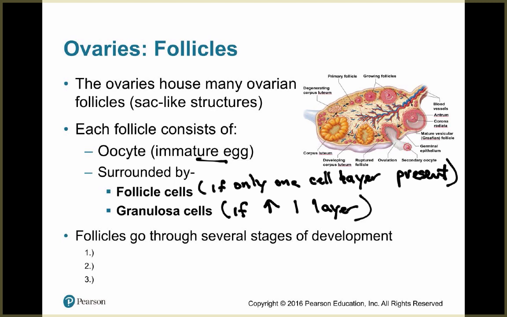These follicles go through several stages of development. They start with primordial follicles, which is a single layer of follicle cells, and I'm just going to put FC here, plus the oocyte.